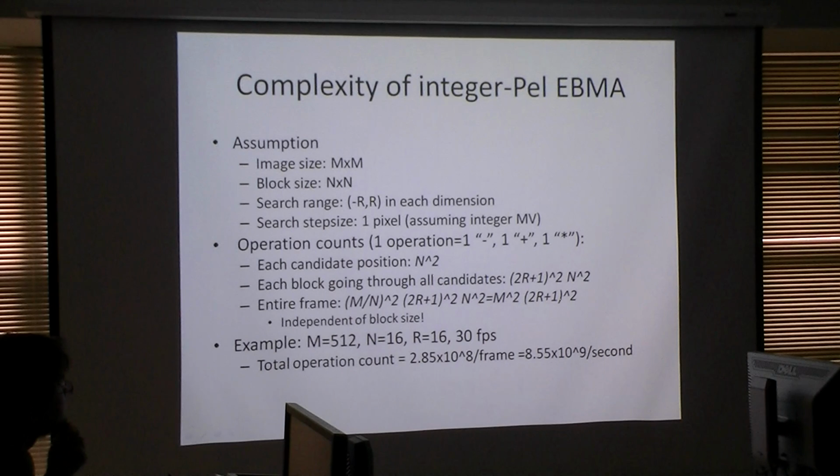The complexity depends on the M and the R. So if we use a smaller image size, they have a smaller M, right? And if we increase the resolution of the image, the corresponding region in the lower resolution can cover a certain region of the high resolution image. Then we can reduce the search region.